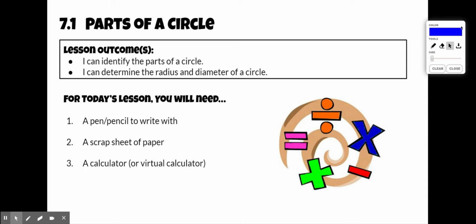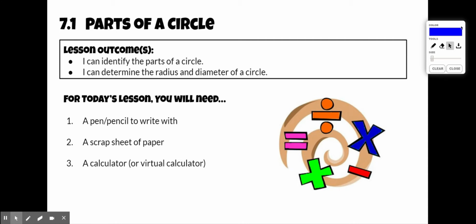So, we are going to start today with our first lesson, and that is going to be parts of a circle, which is lesson 7.1. And we have two outcomes for today. So, the first thing that we want to be able to do by the end of the video is to identify the different parts of a circle.